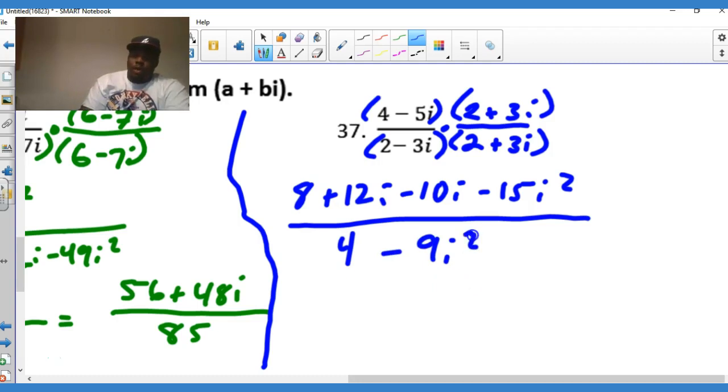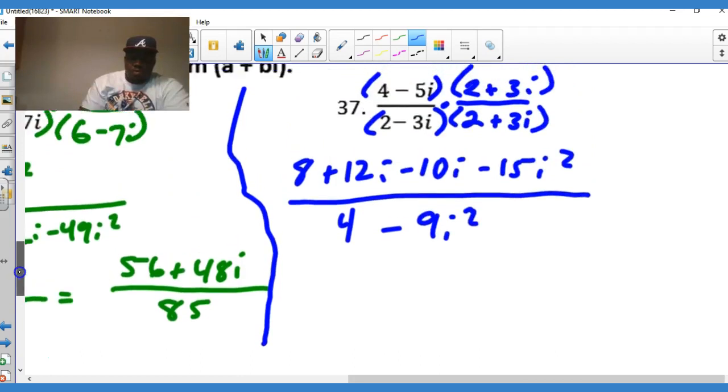Alright? Now we're going to simplify everything. We have 8, 12i minus 10i is positive 2i, and i squared is negative 1, so negative 1 times negative 15 is positive 15.